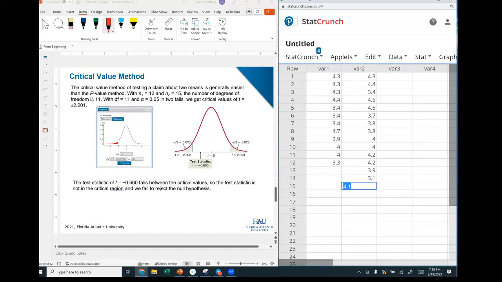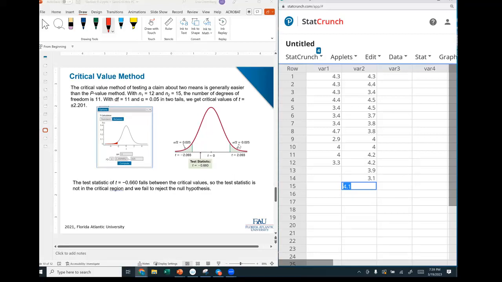For the number of degrees of freedom, we always take the smaller value and subtract 1. That gives us 11. And our alpha is equal to 0.05 in two tails, so we have 0.025 in each tail.